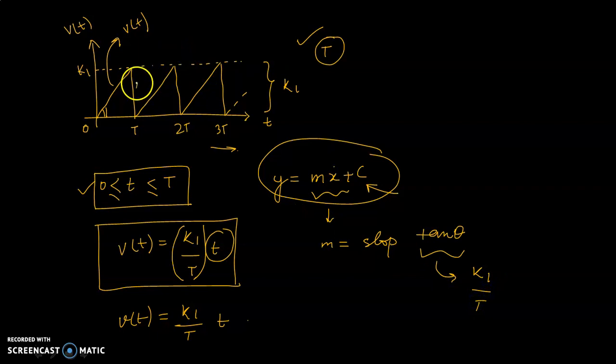This is your k1 from here to here, and this is your T. If this is theta, the perpendicular will be k1 and the base will be T. The slope is given by tan theta is equal to k1 by T. So V(t) is equal to k1 by T times t.